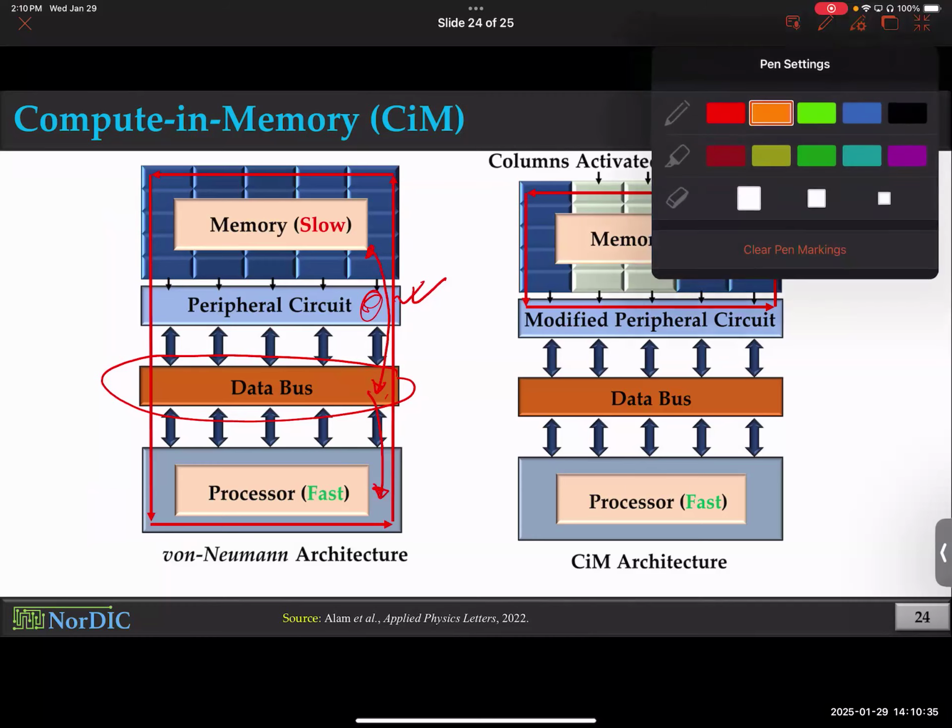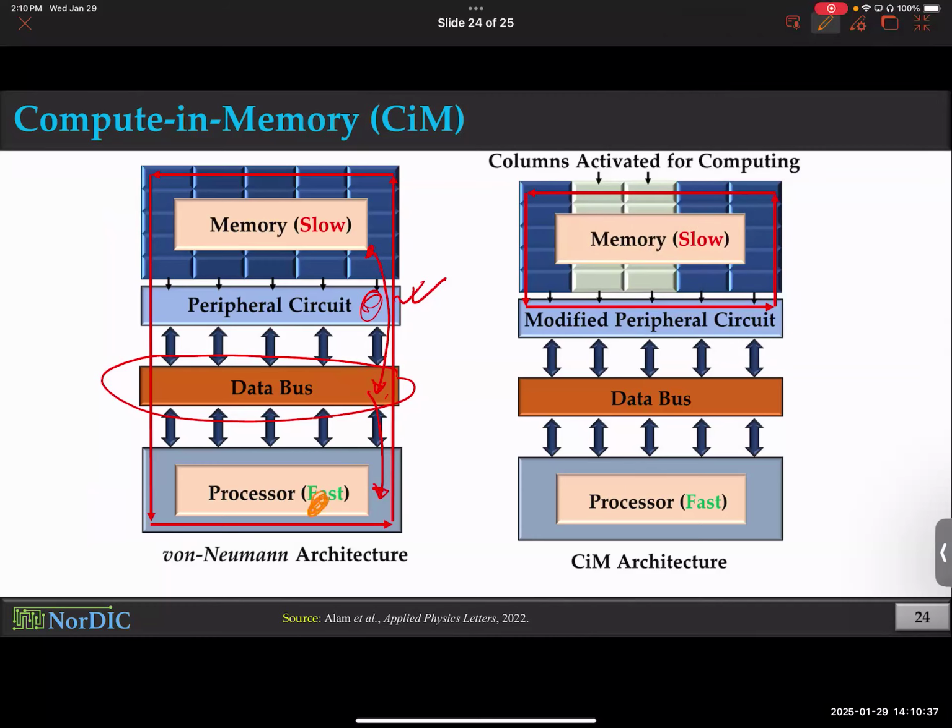The processor does some magic, like some sort of computation, AND or XOR, whatever Boolean algebra you want to do. And then you have to put the result back to the memory, right? So you have to go to the data bus again, and the data bus tells the peripheral circuit, you need to write this into the memory. And then the peripheral circuit goes to the memory and programs it. As I explain it, it already sounds like a lot of work, don't you think?